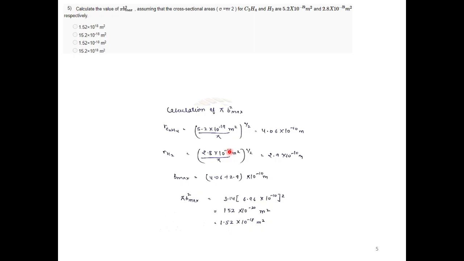Now this is the R value. So based on the R value, to find the value of pi b square max, one needs to find the R value of ethane as well as hydrogen. Okay.